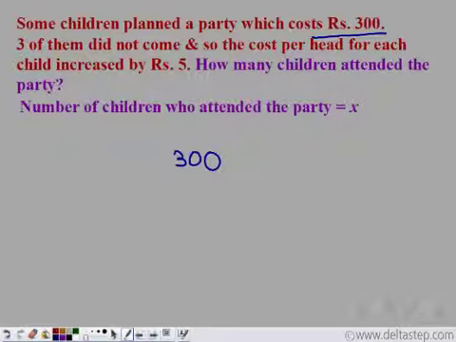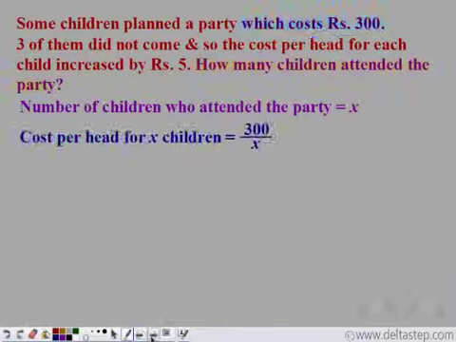So the other information is given in terms of cost per head and not the total cost. So we need to find the cost per head. 300 is the total cost. X children attended the party. So the cost per head will be 300 divided by X. So cost per head for X children is 300 divided by X.